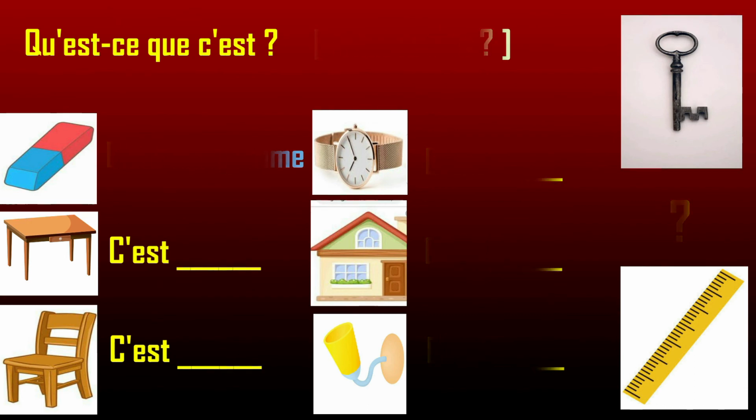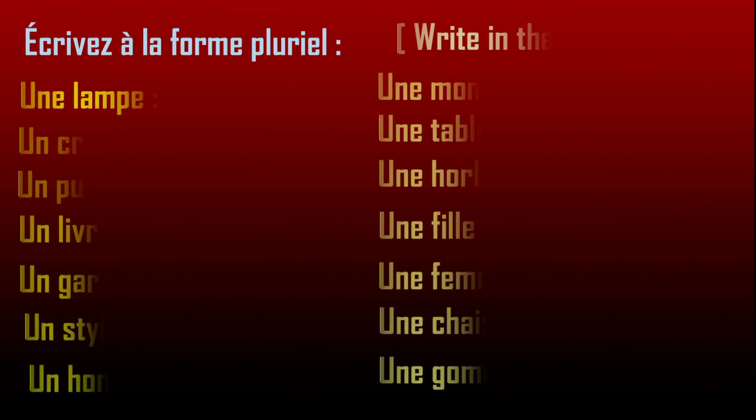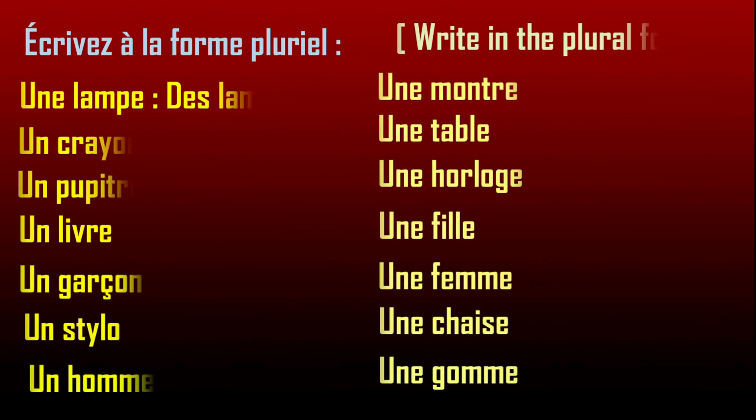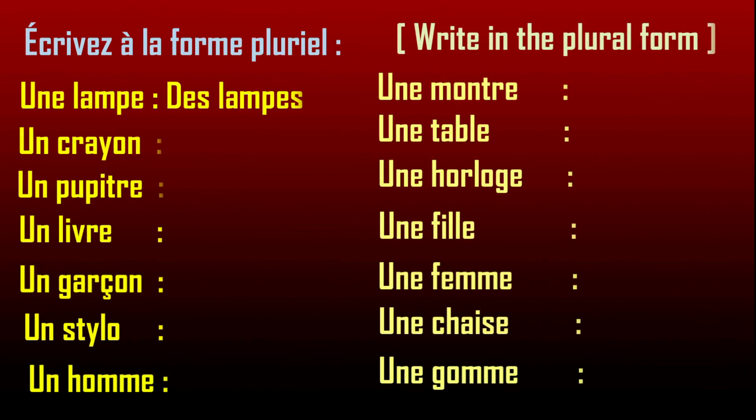So have you finished this part of the test? Now let's go to the next part of the test. You must write the singular noun into plural noun. The first answer is given: une lampe, des lampes. So you must continue writing. Un crayon, what's the plural?